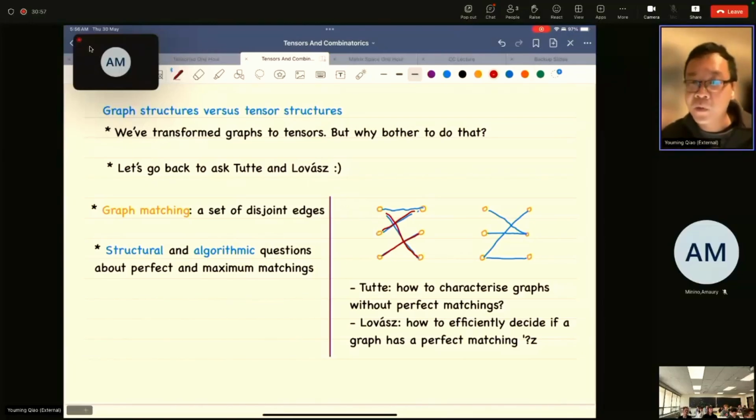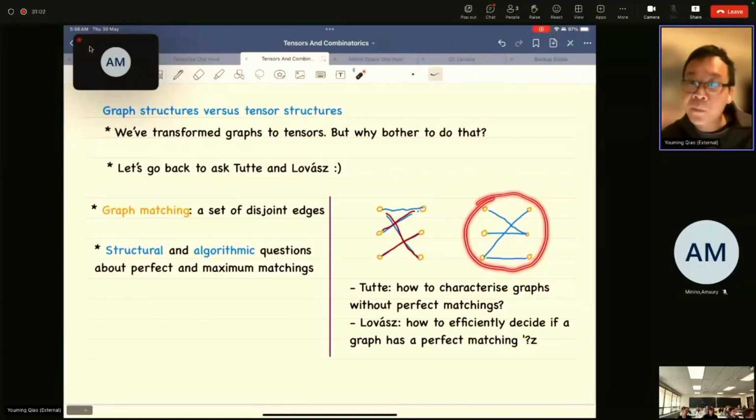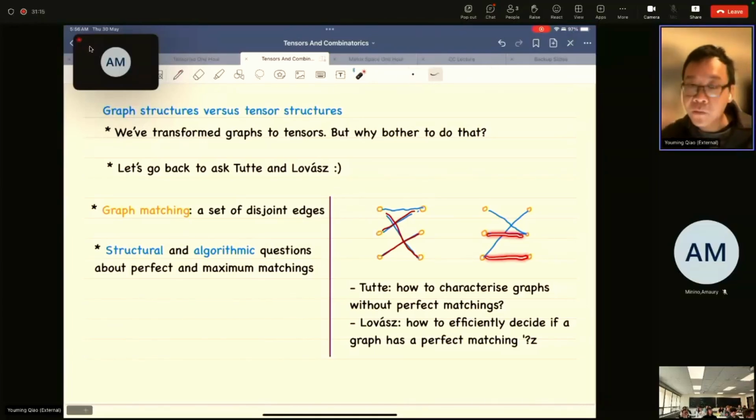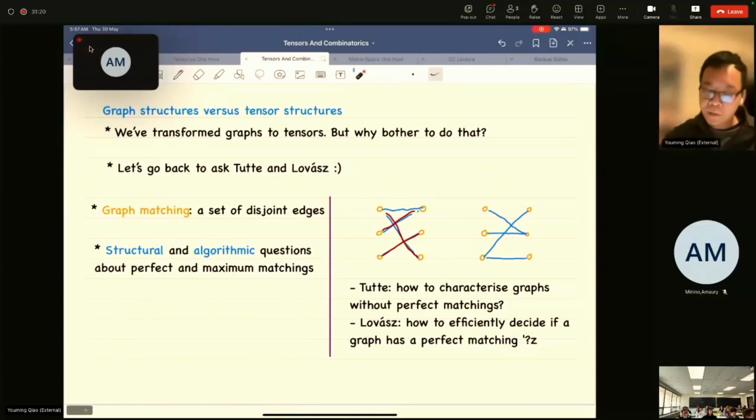And sometimes, of course, for some graphs, like this graph, you will not be able to get a perfect matching. I think for this graph, if I'm not mistaken, the maximum matching size will be 2. For example, you can find these two edges. They form a matching of size 2, but you will not be able to find a matching of size 3. So in the 1940s, Tutte was considering how to characterize graphs without perfect matchings, like this type of graph.